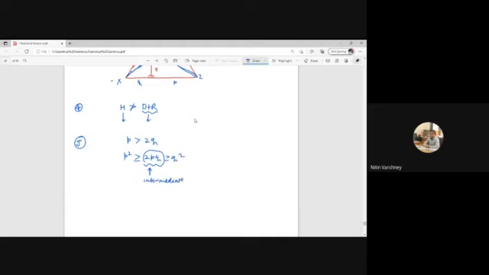So what is the statement? If one gene frequency is greater than twice the gene frequency of another one, then the heterozygous will lie between the two.